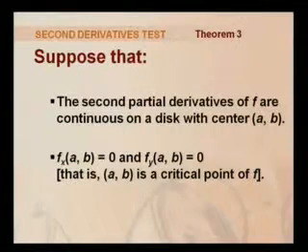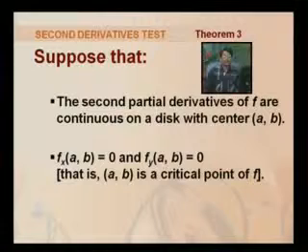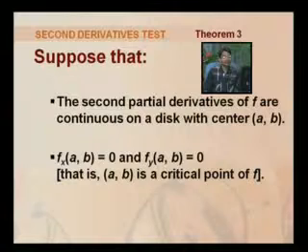Note that in the prior example we only used the first partial derivatives, but in this test we will use the second partial derivatives. The second condition is that the partial derivative of the function with respect to x at the point (a, b) and the partial derivative with respect to y at the point (a, b) are equal to 0.